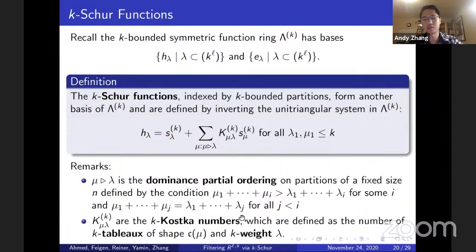These k-Kostka numbers are defined as the number of k-tableaux of shape mu and k-weight lambda. I should not go into detail on what this terminology means. But the key point here is that this formulates a k-version of Schubert calculus.